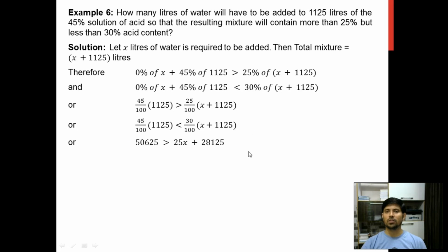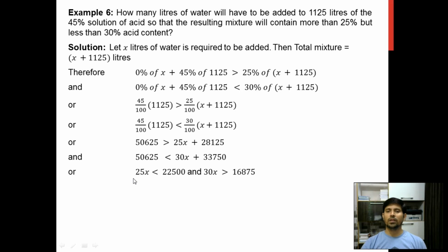And for the second one also, 50625 is less than 30x plus 33750. Now what we can do here, we will subtract 28125 both sides, and here 33750 both sides. We got this relation, 25x is less than 22500 and 30x is greater than 16875.